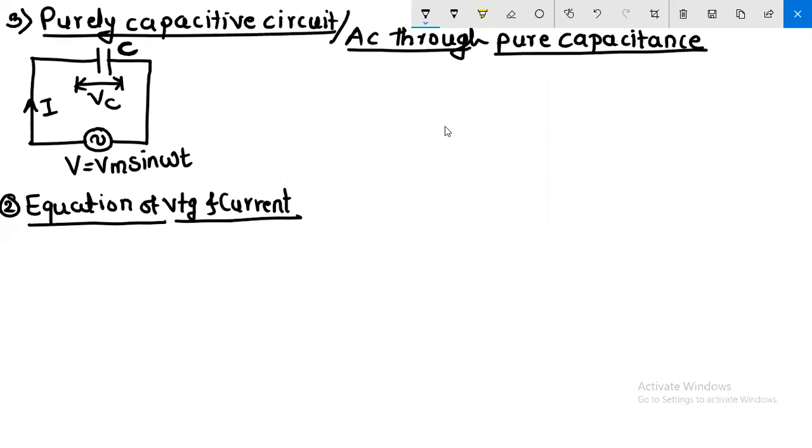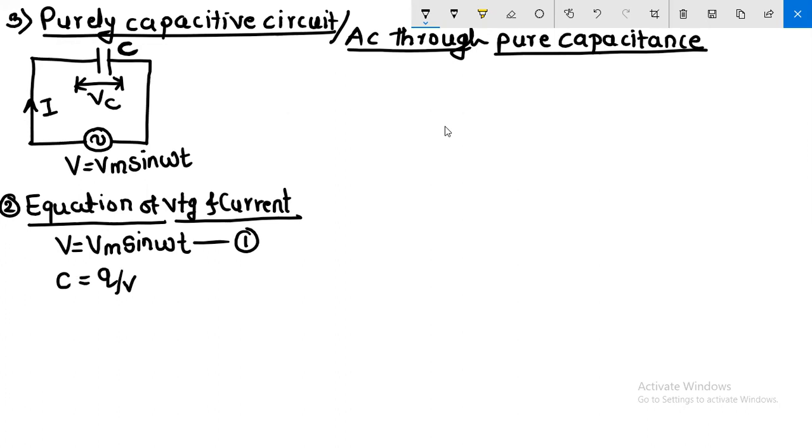Now what is my equation of voltage? I am writing here V equal to Vm sine of omega t. This is equation number 1. Now you have already studied in 12th the formula C equal to Q by V, where Q is the charge and V is the applied voltage.